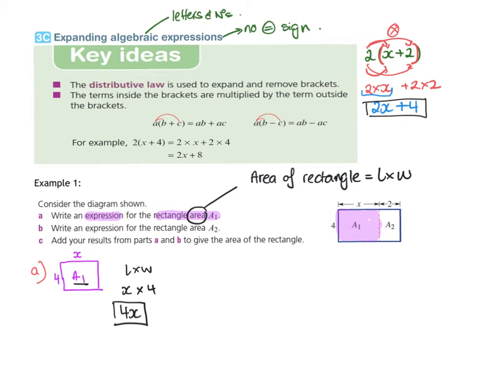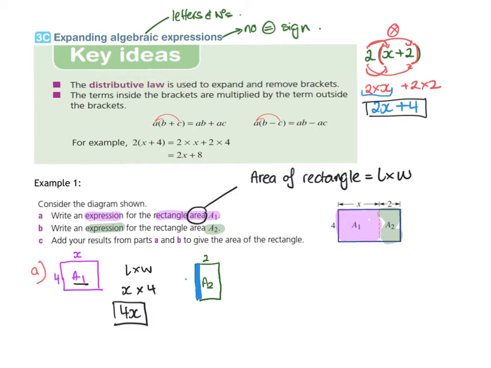So if we look at the next one, it says write an expression for the area of the rectangle A2. So this is this little one. If I draw it up, A2, I can see this length is 2. How can we say what this length is along here? How far is that?